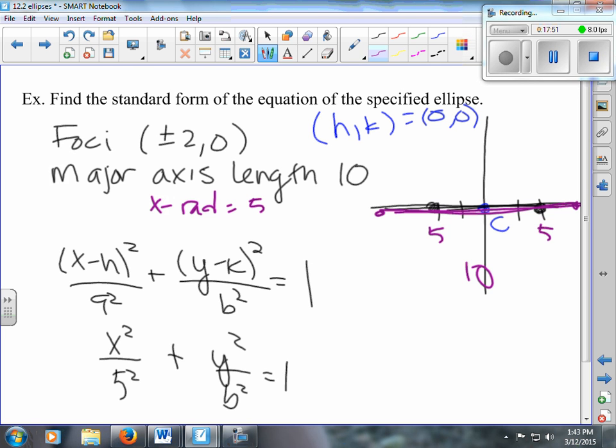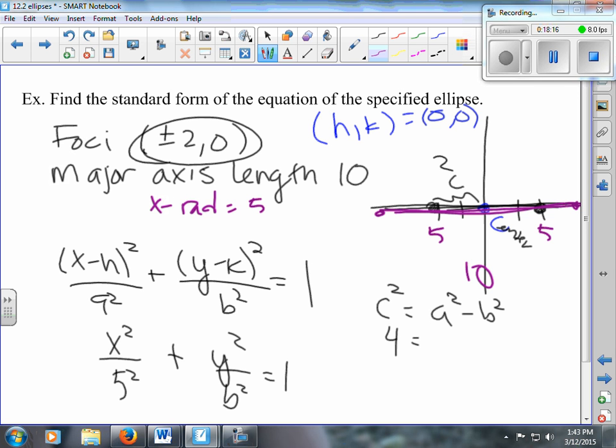So how can I figure out what b is? Well, the way I figure out b is I know c. Because the foci are plus and minus 2, 0, then I know that this distance c is 2. And so if c squared equals a squared minus b squared, or bigger one minus smaller one, then 4, or 2 squared, is 25 minus b squared, and b squared is my y radius.